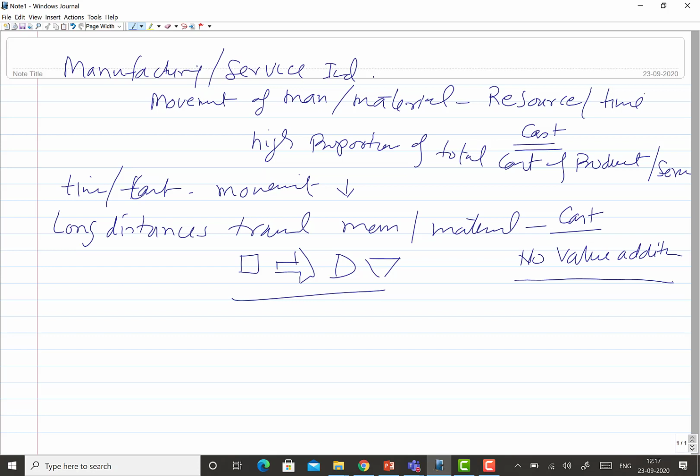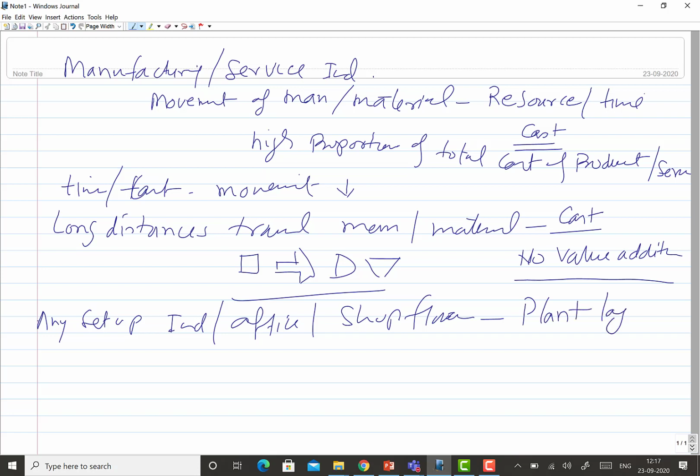And therefore whatever movement of the man or material is taking place, that is governed by what? In any setup, whether it is the industry or office or shop floor, the movement is governed by what? Basically the layout, plant layout or the layout of the office.